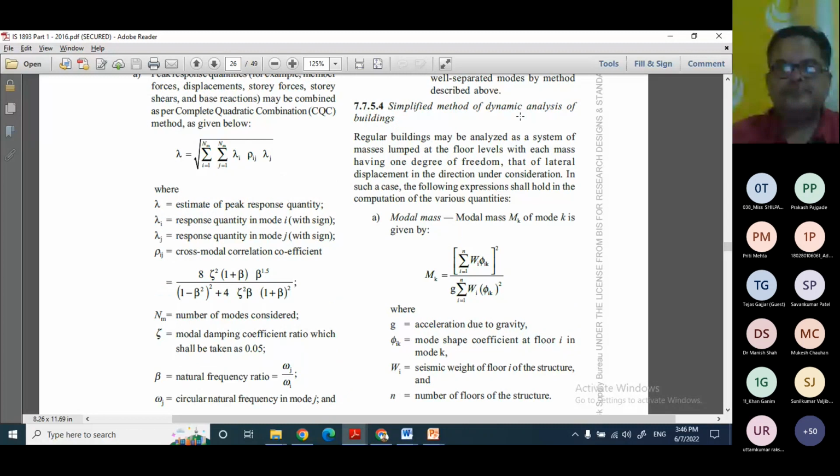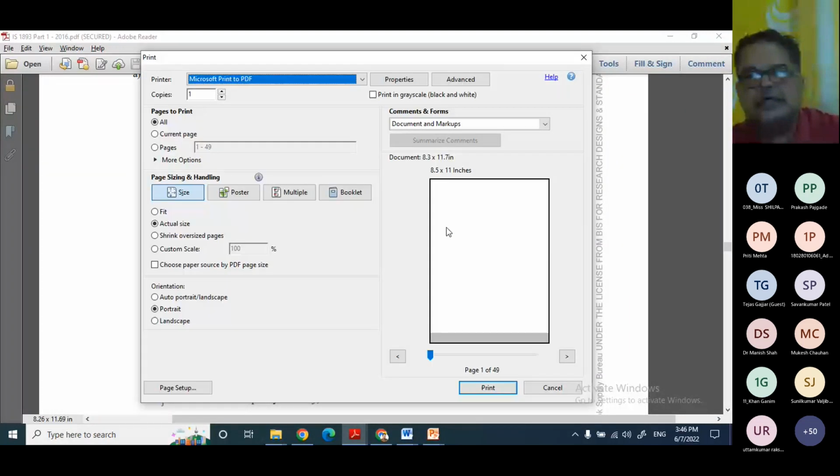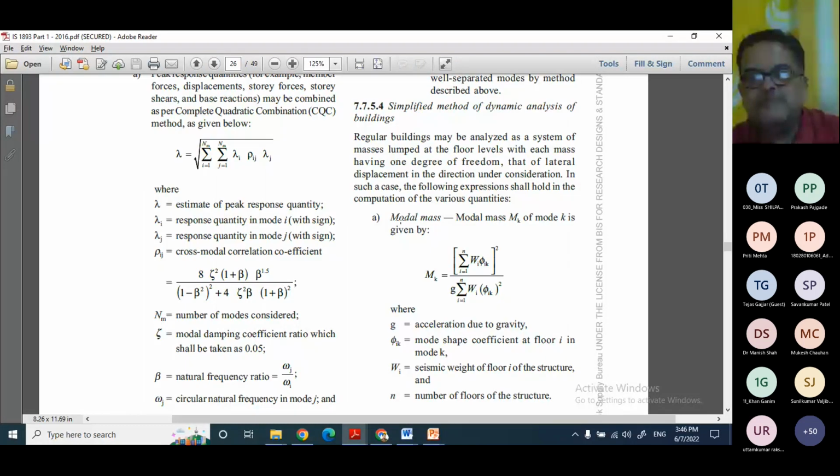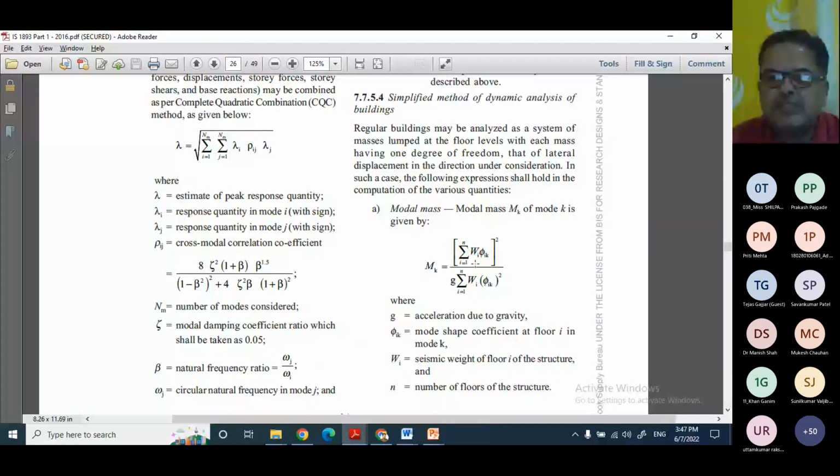This is the dynamic analysis of the building, and we have to calculate the modal mass. First of all, this is W_i phi, where phi is the mode shape coefficient at floor i, right? Everything we know, but first of all we have to derive the mode shape, and once we derive the mode shape, we can calculate the modal mass.